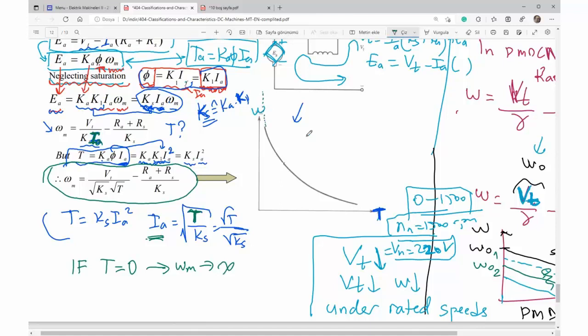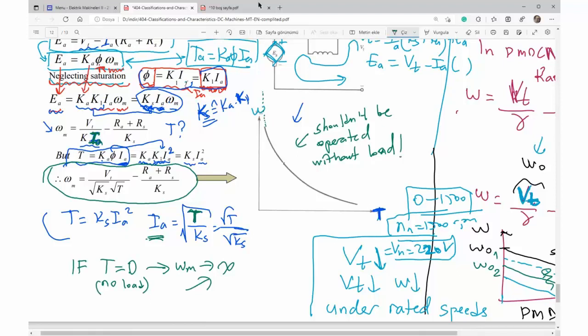This machine shouldn't be operated without load. If torque is 0, no mechanical load, that is motor, speeds go up to infinity.